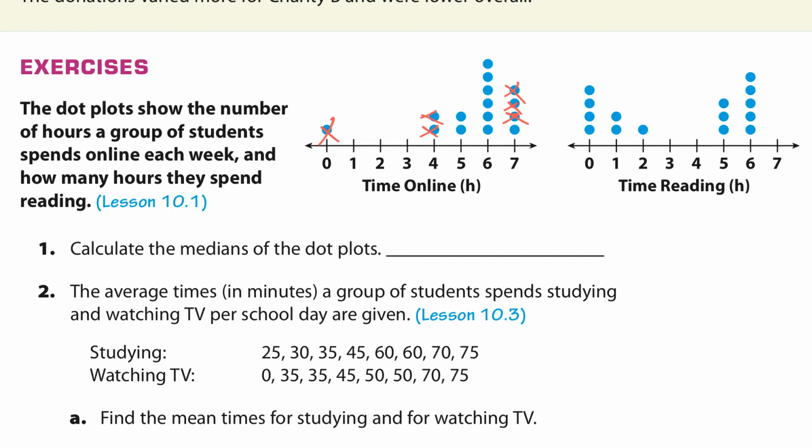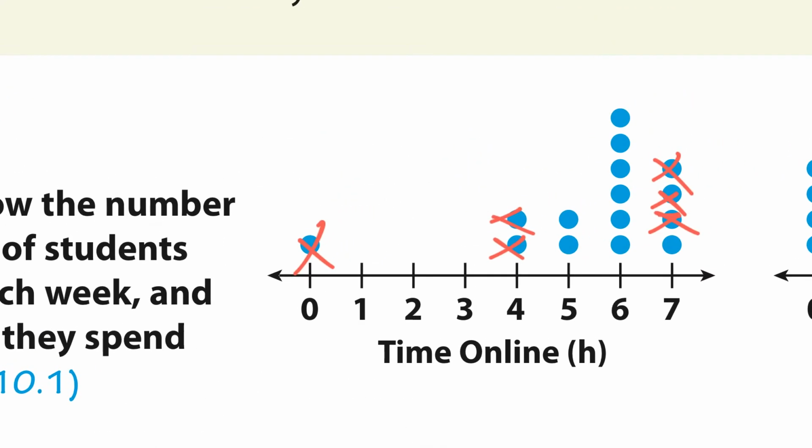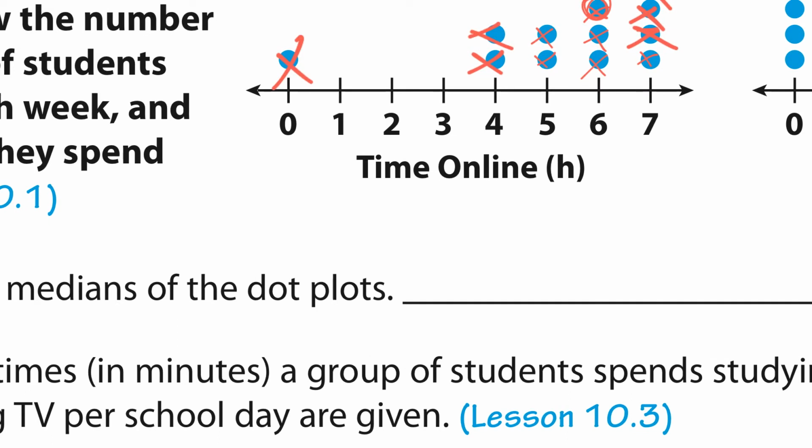Let me make this bigger. This and this and this. So we can say, obviously I'm finding the middle number. The middle number is like the 6 right here. So the median is 6 hours.